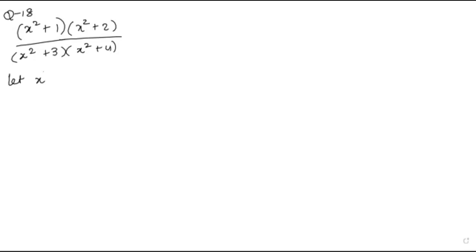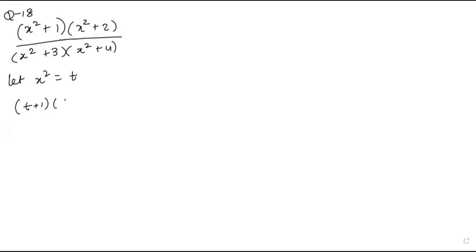That's why I am assuming x square as t. But this assumption is not for the integration, but to solve this fraction. So I will just keep this value of t as x square before I integrate. Okay, I am not taking this assumption in integration. So I will keep this substitution before integration only.